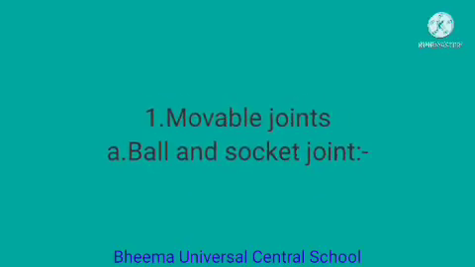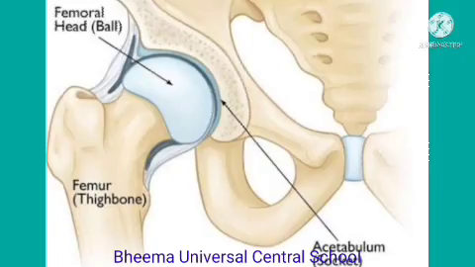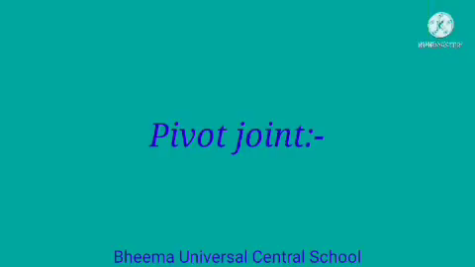In that, the first one is the ball and socket joint. A joint that allows movement in all directions is known as a ball and socket joint. The shoulder and the hip region have ball and socket joints. Next is the pivot joint.